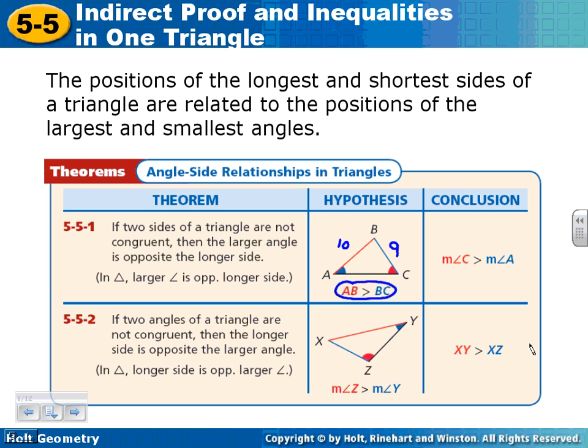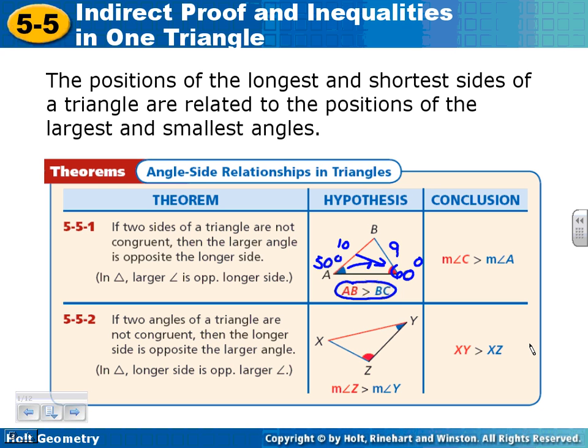That means that angle C, because angle C is opposite the 10, may be something like 60 degrees, where angle A, opposite that 9, is a smaller opening, maybe only 50 degrees. So angle C is bigger than angle A because the opposite side is bigger.